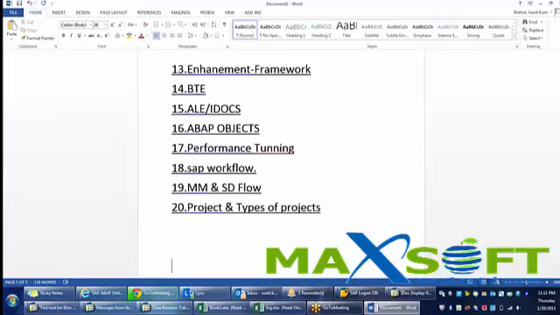Yeah, I have one question. Actually, when they're telling us FICO, so finance and controlling, are they both integrated or are they different modules? Actually, when they say FICO, finance is separate and controlling is separate. If you have to go for certification, you have to go for two different certifications. And both are related to finance.